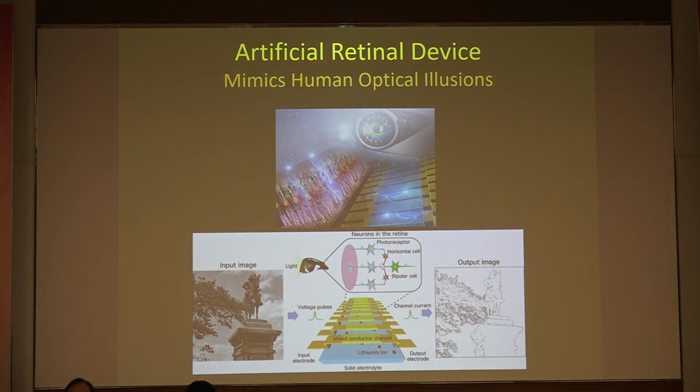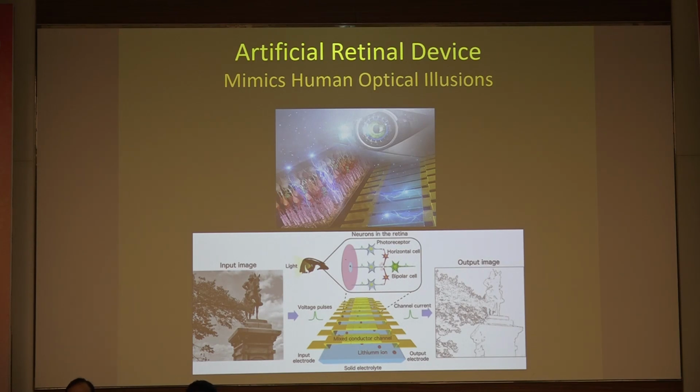Now this is an artificial retina device produced by a Japanese team, which works very differently from the Argus 2 device that we mentioned, because here there is a solid electrolyte medium which is implanted, the blue platform you see at the bottom picture. And over it there is an overlay of conductors which are microchannels in which lithium ions move.